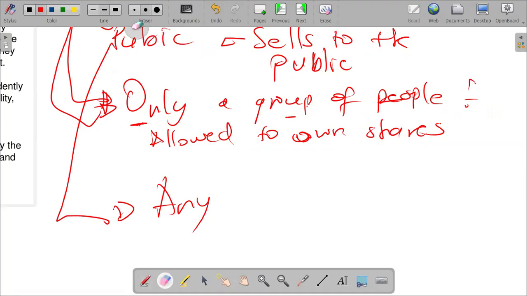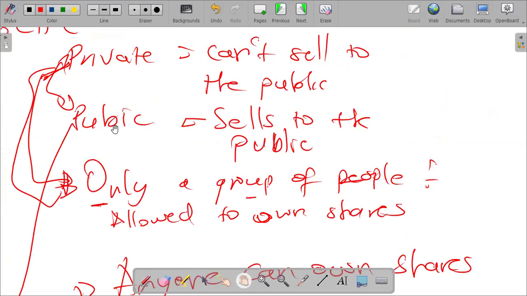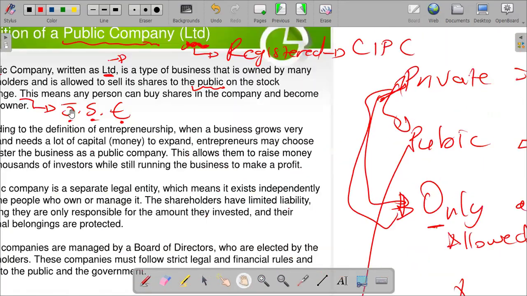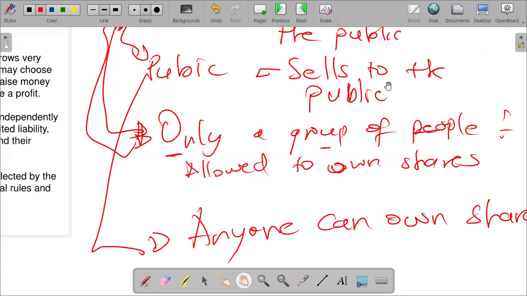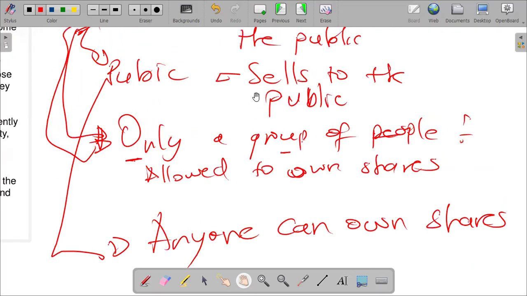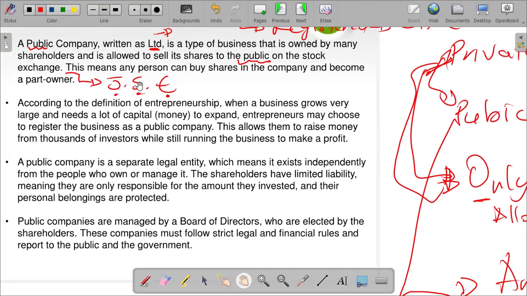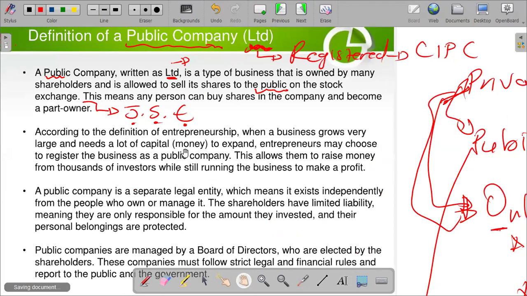All right? Anyone can own shares. Why? Because a public company is listed. Where is it listed? On the Johannesburg Stock Exchange. So the public company can sell their shares to what? To the public. So anyone can own shares because they sell their shares to the public, on the Johannesburg Stock Exchange. All right? So remember those different types of definitions.